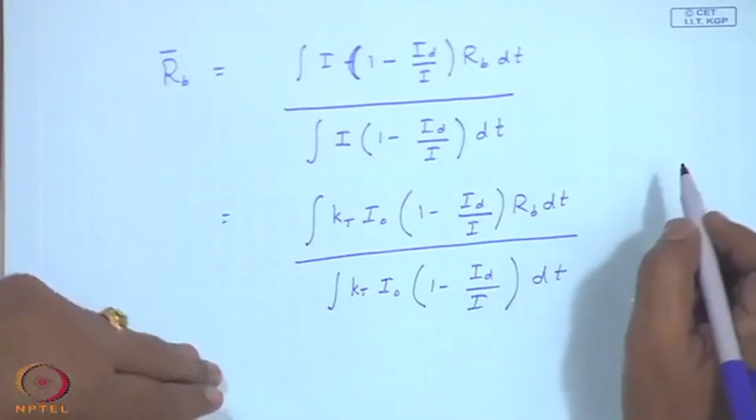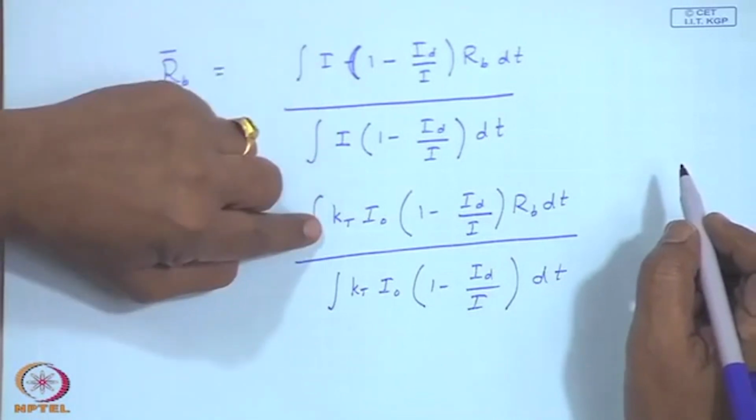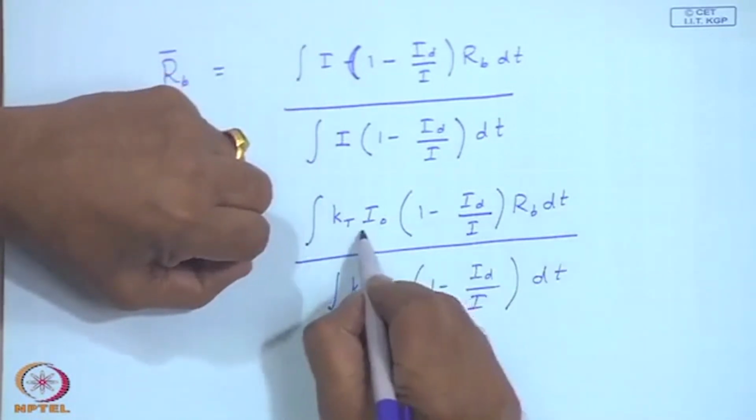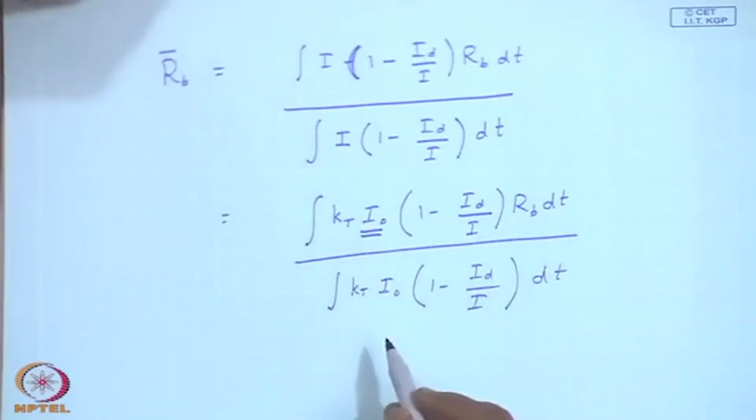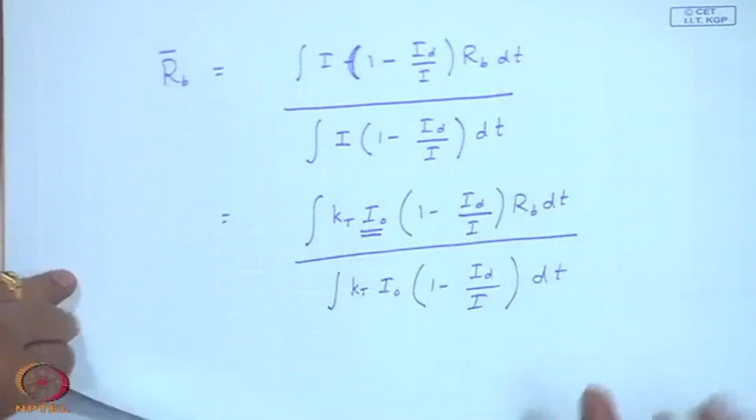So, all I have done is, the terrestrial radiation is nothing but clearness index multiplied by the extraterrestrial radiation. Everything else is terrestrial still.